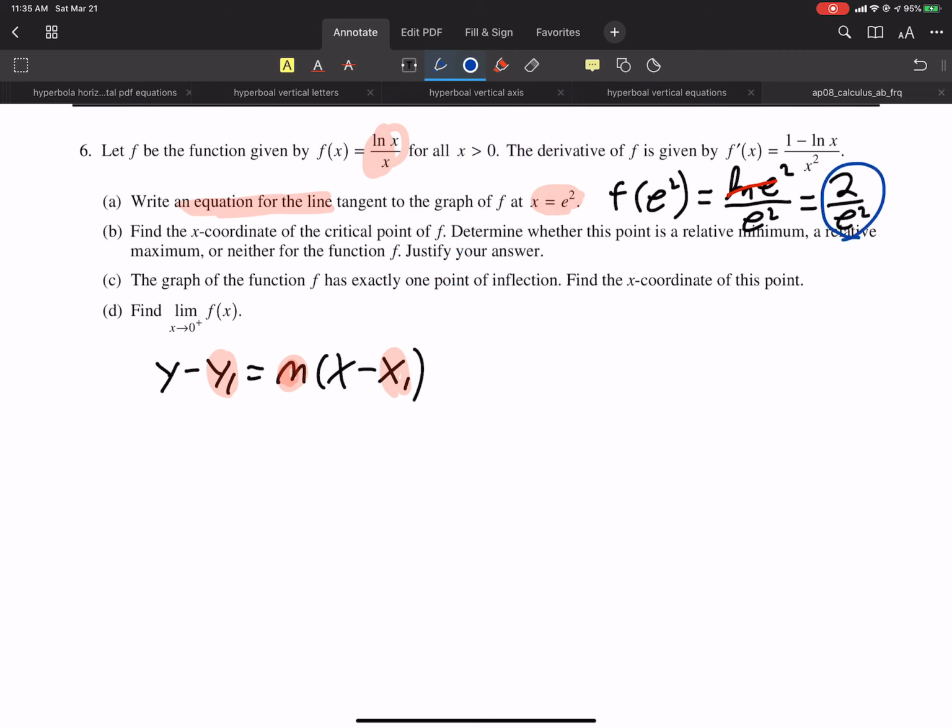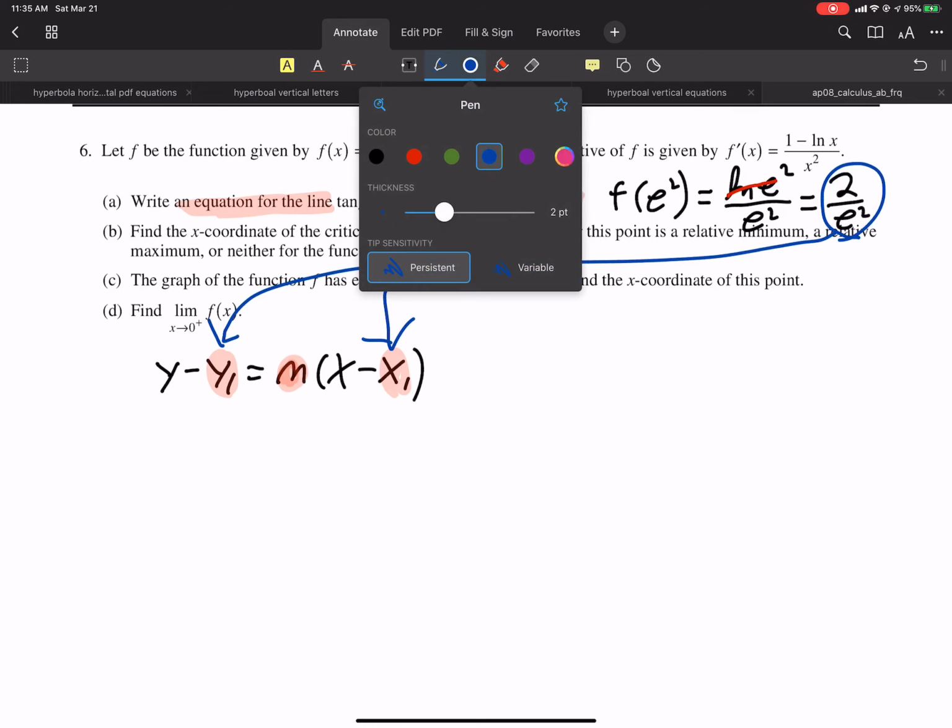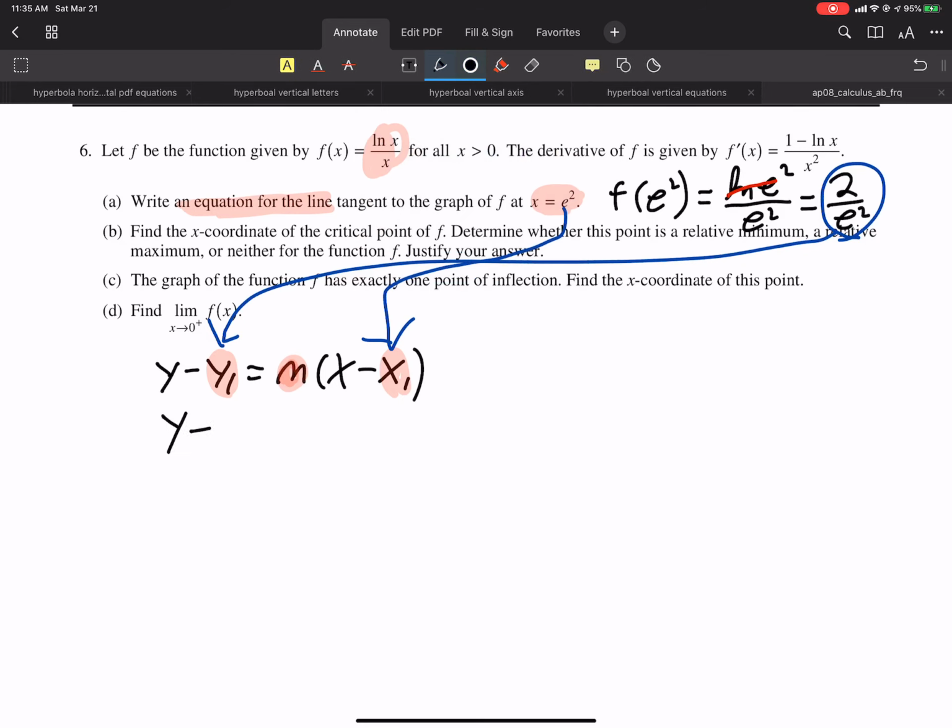So now, very wonderfully, I can plug this in for the y-coordinate. Plug e squared in for the x-coordinate. And I'm almost there. Almost done. If I only had the slope of the tangent line, I wonder what tells me the slope of the tangent line.